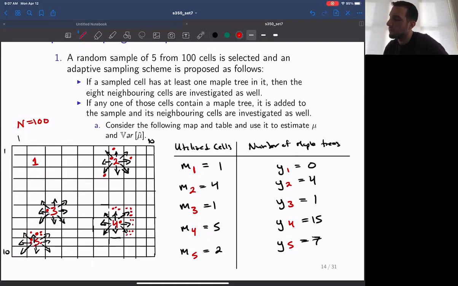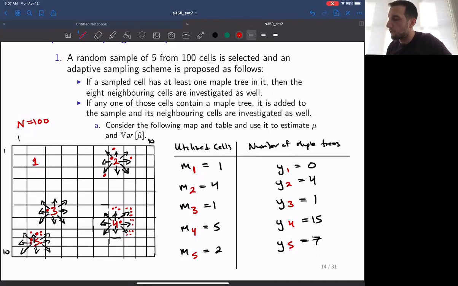So M1 is the size of the network you are dealing with. It is equal to 1 if there are no maple trees, and it is equal to the number of cells that contain a tree if there is at least one tree in the first cell. So there are some conditions there. In the first situation, M1 is equal to 1 because we have no trees in it.